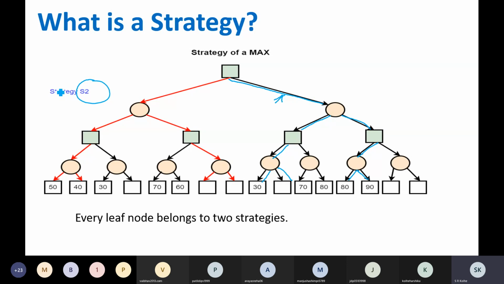Suppose it's a 4-ply game tree, like this only. Here there are 4 plies, 1, 2, 3 and 4. So how many strategies can you define for max in total?